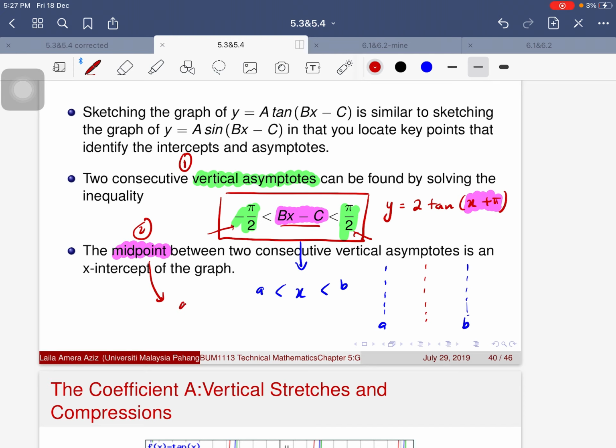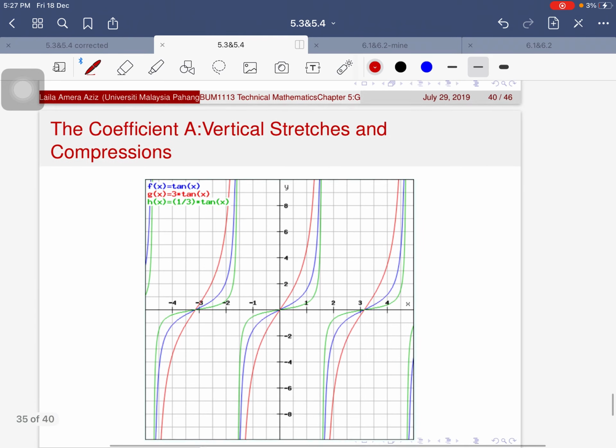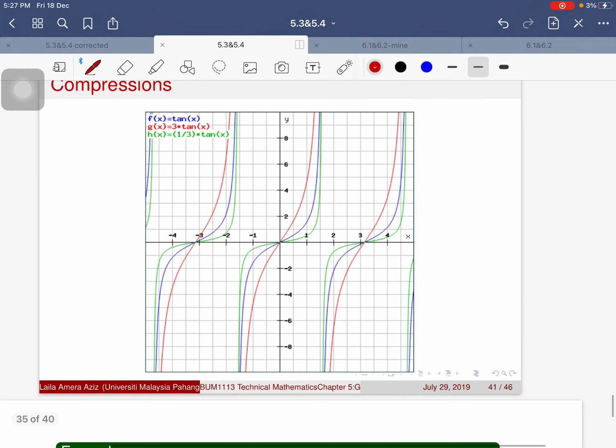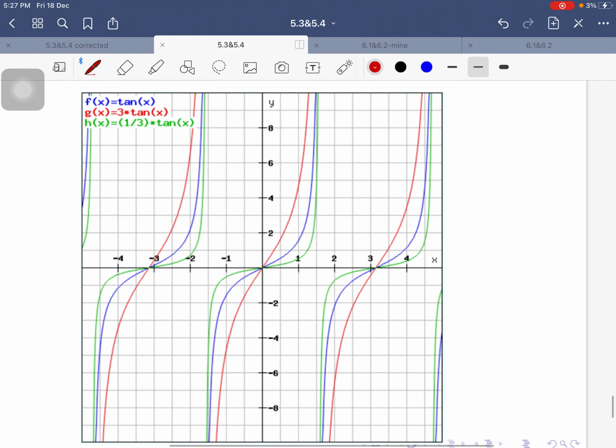How do you calculate the midpoint? It is the value of A plus the value of B, divided by 2. So here, A plus B over 2. Those are the two characteristics that you need to know before you start sketching the tangent graph.